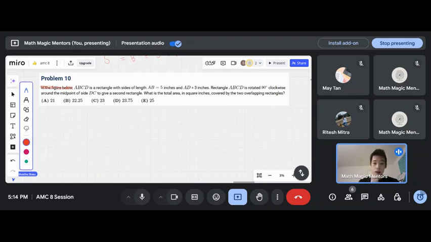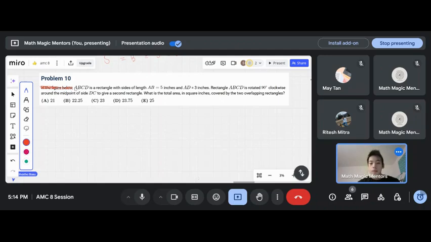The AMC won't always give you a diagram, so it's good practice to know how to draw what's going on, especially in geometry, because if you're doing harder contests like the AMC 10 or even the SAT, they might not always give you a diagram to rely on. So your drawing skills are a really important skill to know how to do.